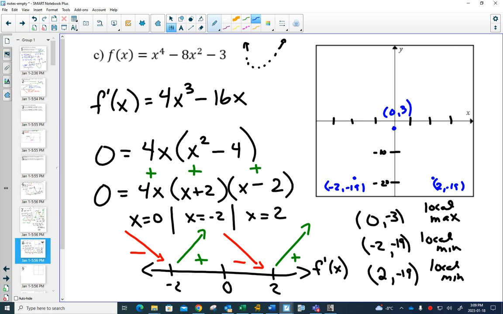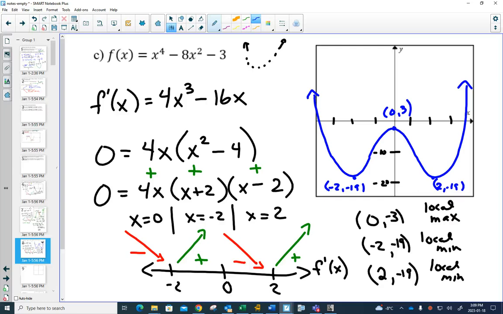I know that my graph has to be decreasing, then increasing, then decreasing, then increasing. And we graph a very accurate graph.